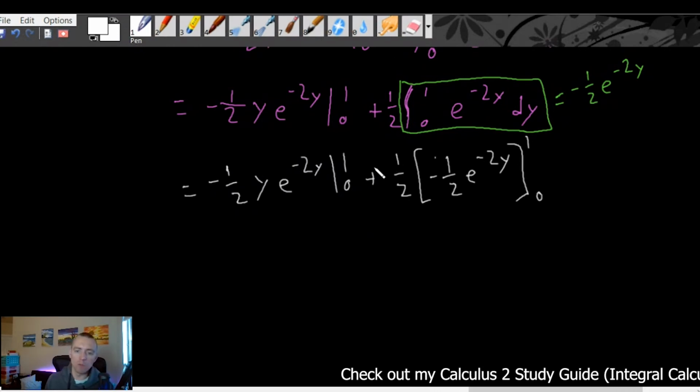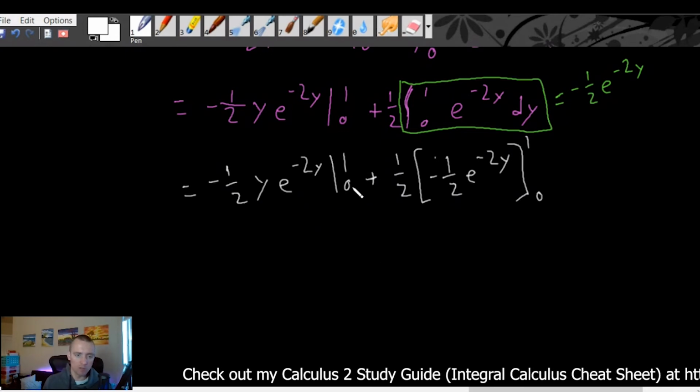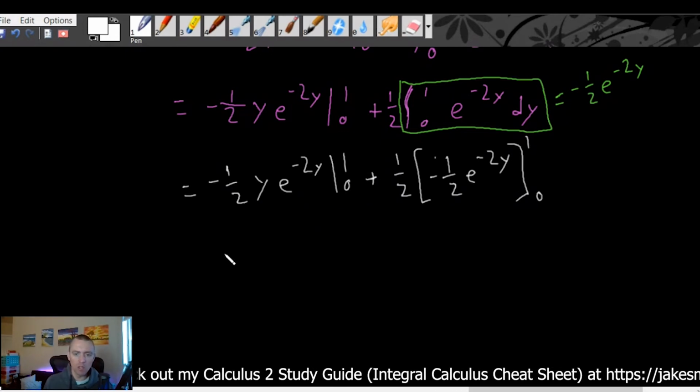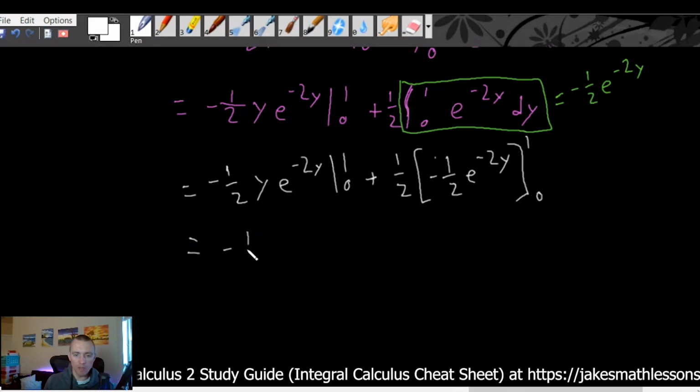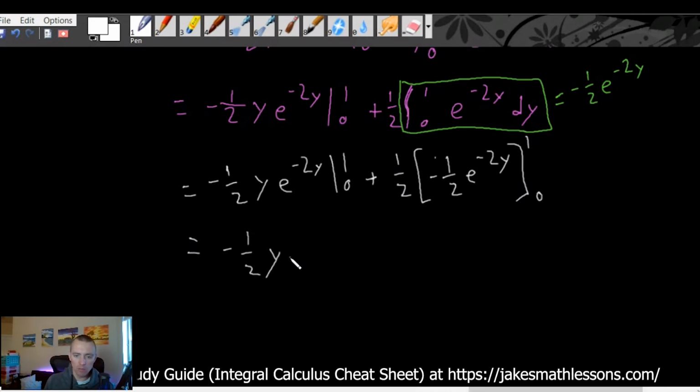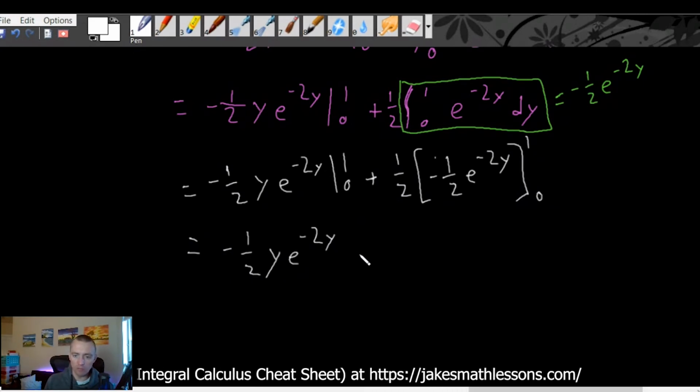Okay, so keep in mind what we have here. We have these two separate parts that are each being evaluated from 0 to 1. So what we can do is simplify that down into one single thing and evaluate the whole thing from 0 to 1. So basically this part here is just right here. And then we have this part here.